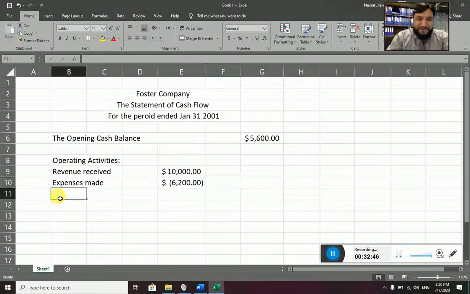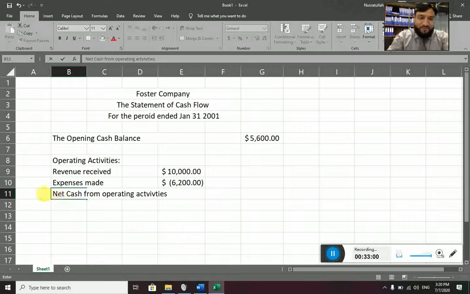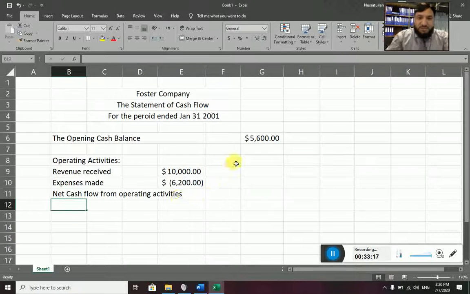Now net cash flow from operating activities. So we'll do that here.